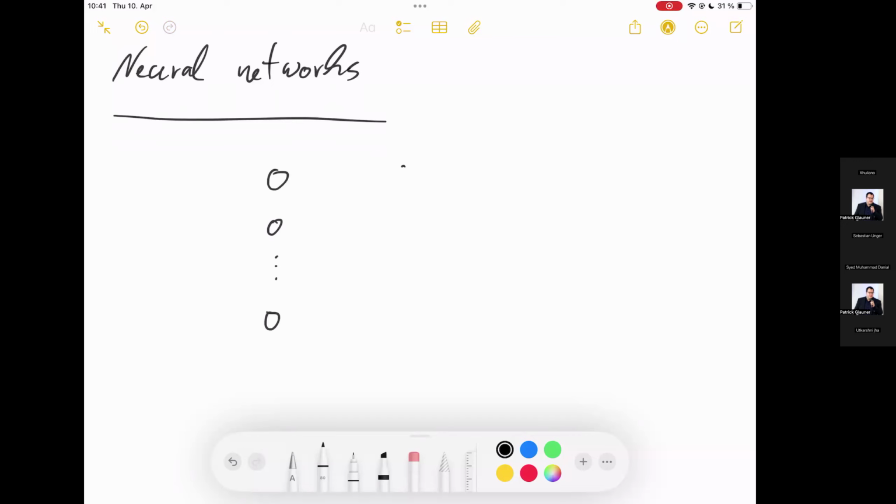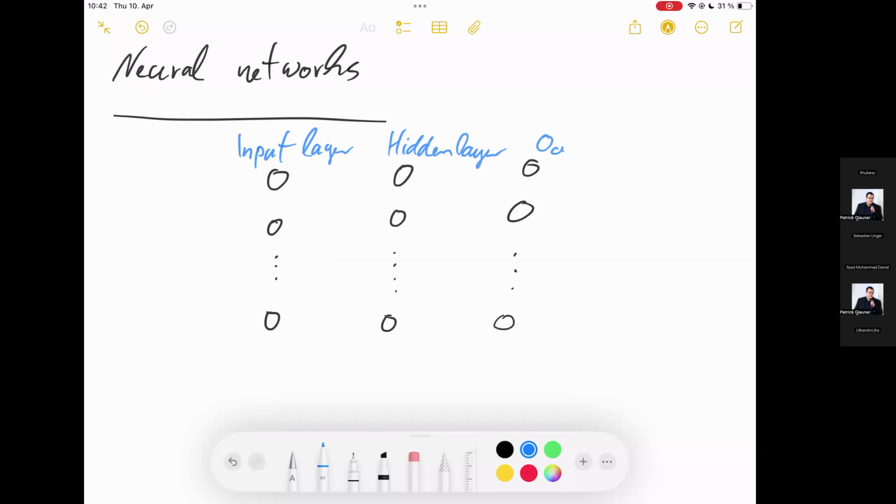We have a hidden layer, and we have an output layer. That's the input layer, the hidden layer, and the output layer.